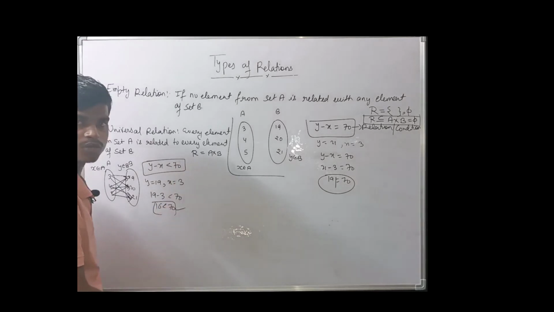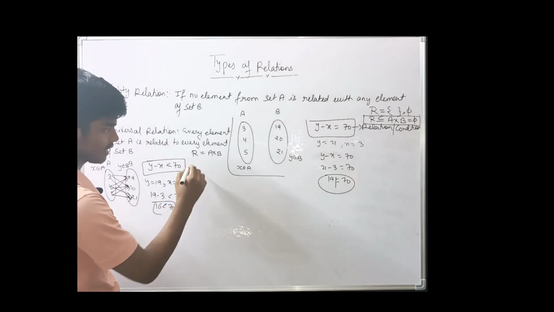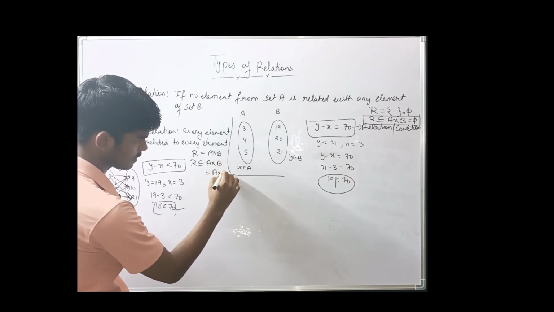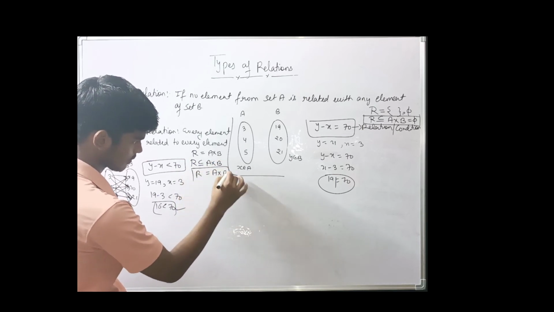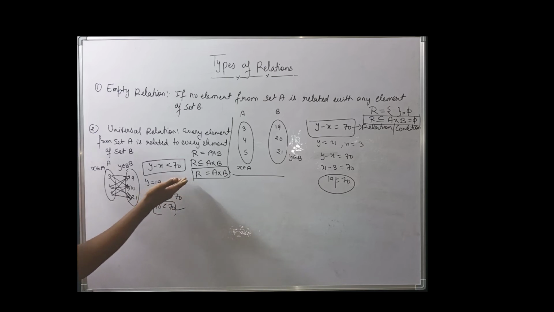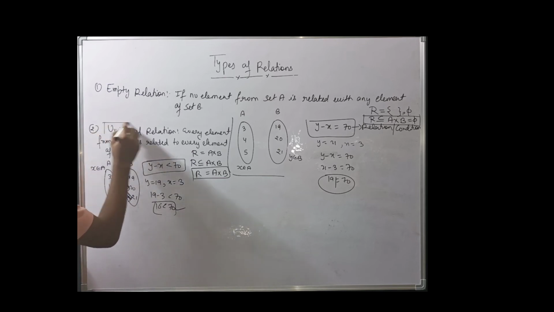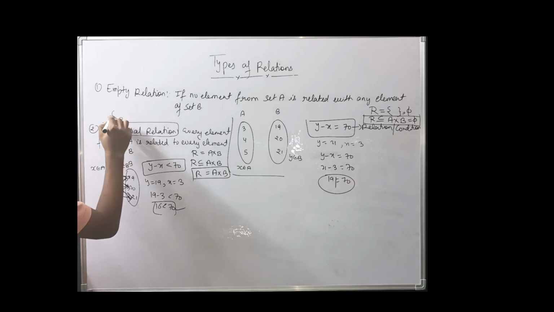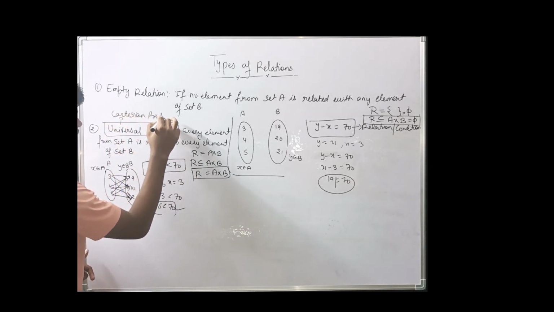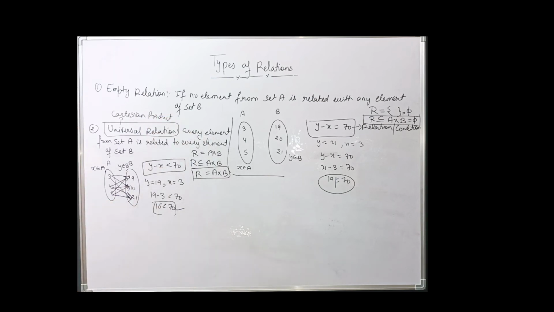It is the Cartesian product between them. Yes, you define the relation to be the Cartesian product A cross B, and that will come out to be A cross B. Is it not? Because the Cartesian product is all the maximum combinations you can make, and this relation is defined in such a way that all maximum combinations are made. So in one sense, the universal relation is also your Cartesian product.